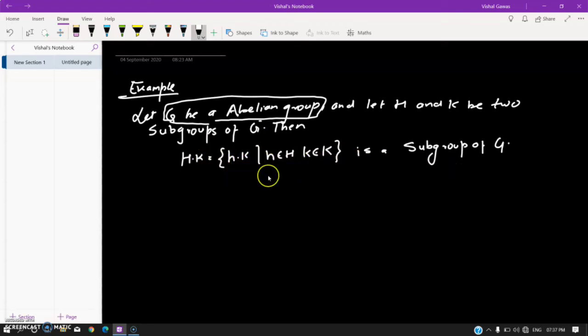This is true only when G is abelian, or when there's some property on H and K, which you would get as we proceed further. So this theorem, or rather this problem, you need to be very careful with, because if G is not abelian, HK is not a subgroup.